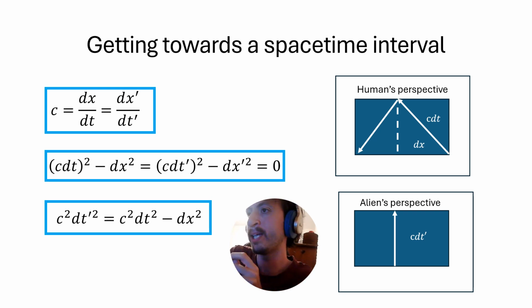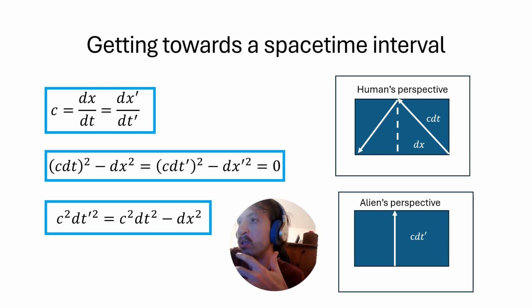Now, it's also worth saying that you might think there's a bit of anti-symmetry here, because you might think we should have c squared dt prime squared minus dx prime squared is equal to c squared dt squared minus dx squared. You might wonder, where has the dx prime gone? Well, the dx prime is kind of secretly here, but dx prime would refer to the horizontal distance the alien thinks he has been moving, or equally, because he's co-moving with the light beam, the horizontal distance the light has been moving.